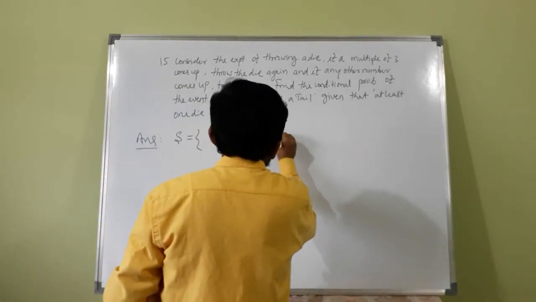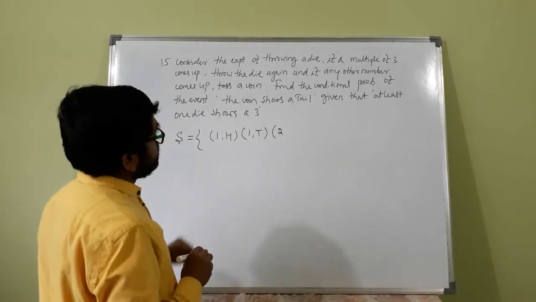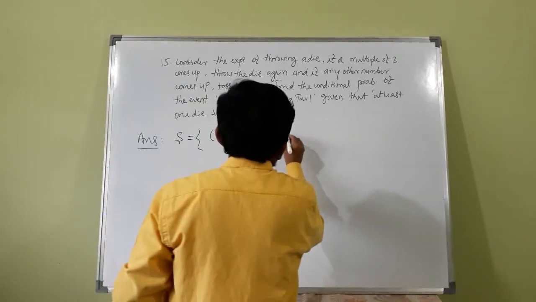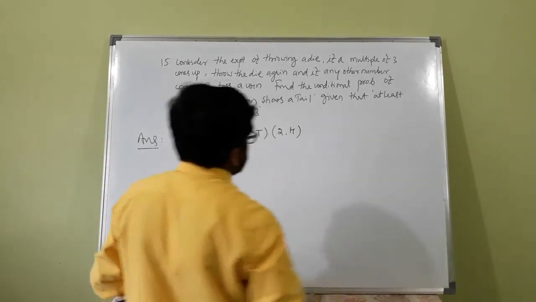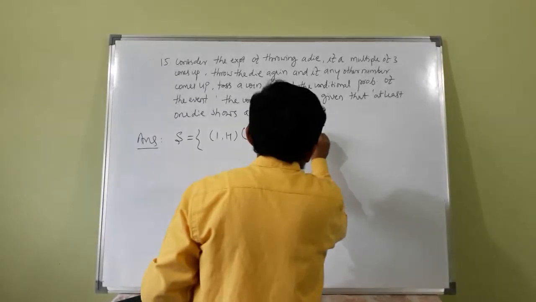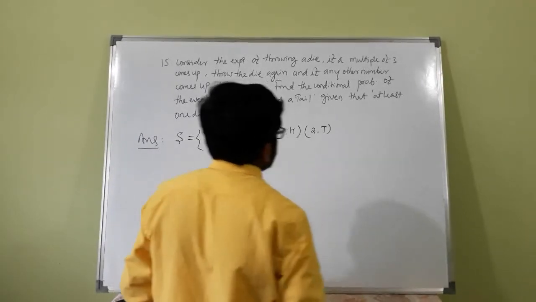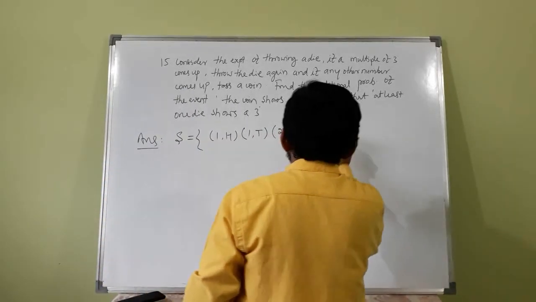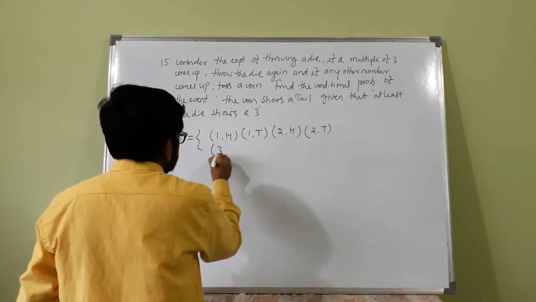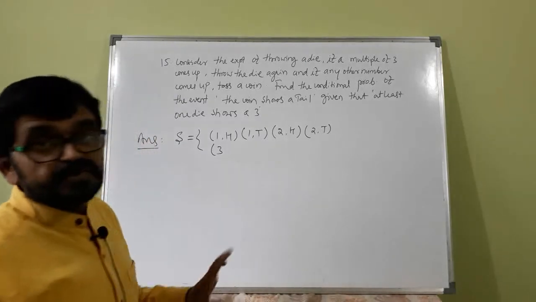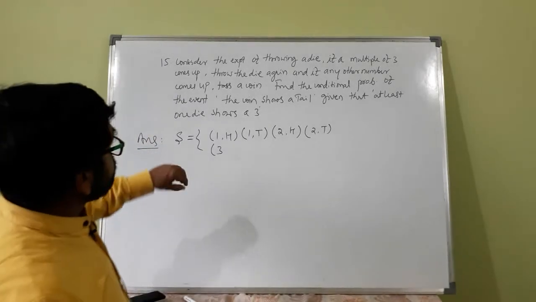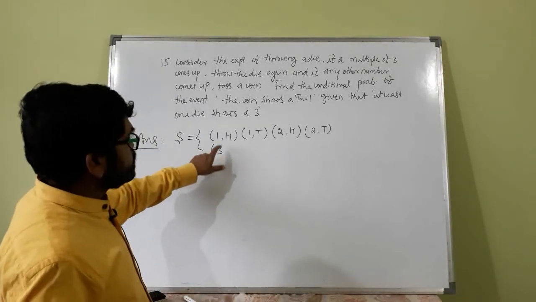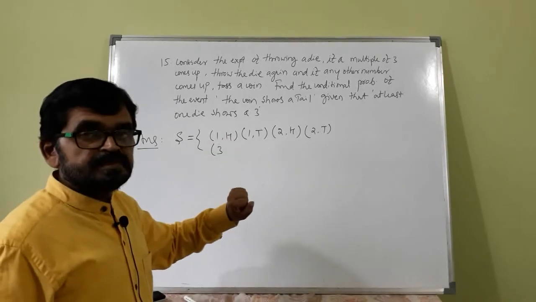Similarly, when you get the number 2, you may get H or T. If you roll the die and get the number 3, then you are not going to toss the coin.